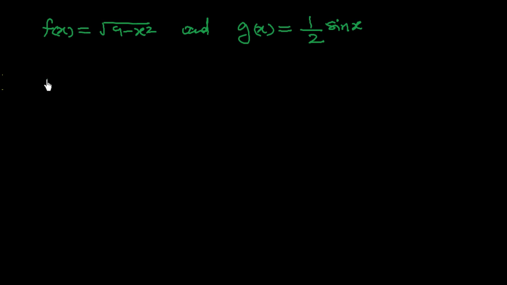So we have to find the domain for (f plus g)(x), or the other combinations of these two functions: (f minus g)(x), (f into g)(x), and (f over g)(x). First we find the domain, which would be the same for all of the functions except for the quotient, where we take d minus {x such that g(x) equals 0}.